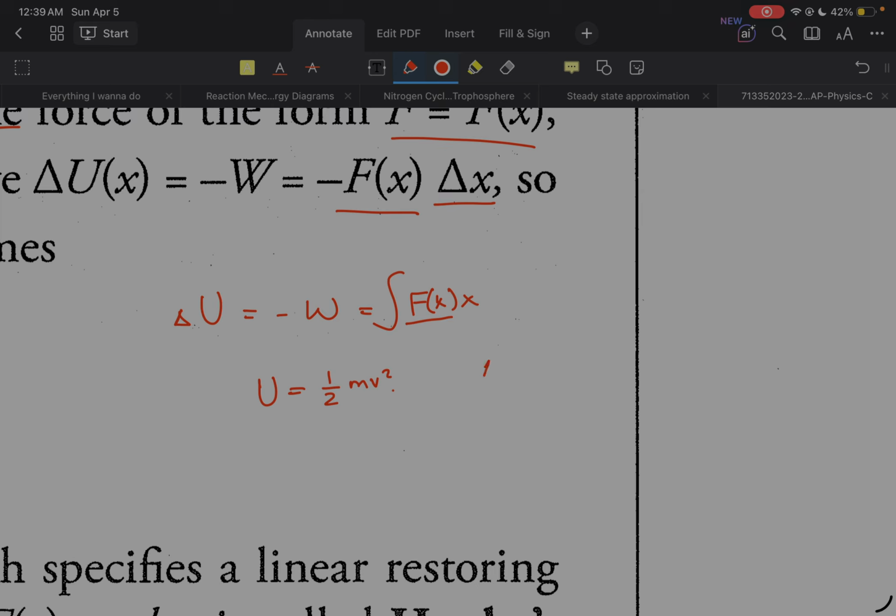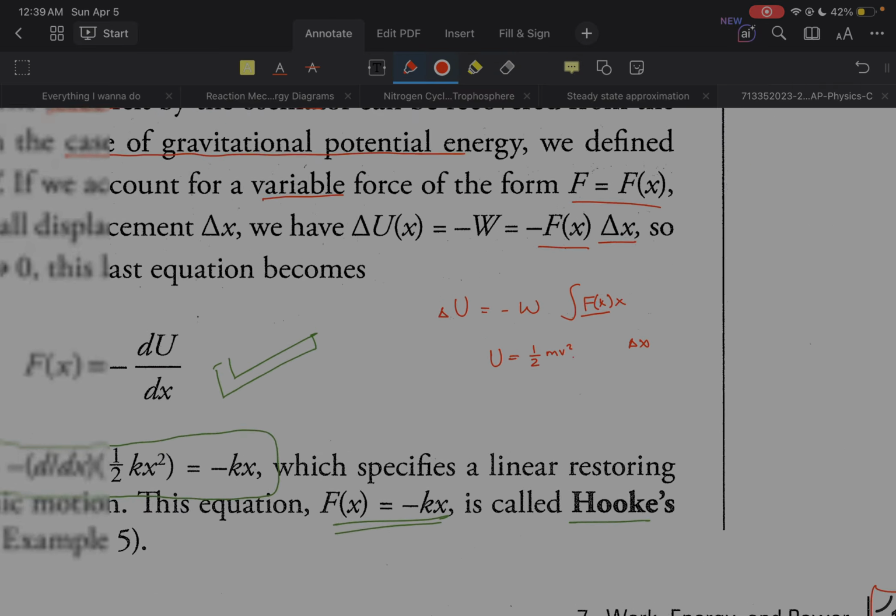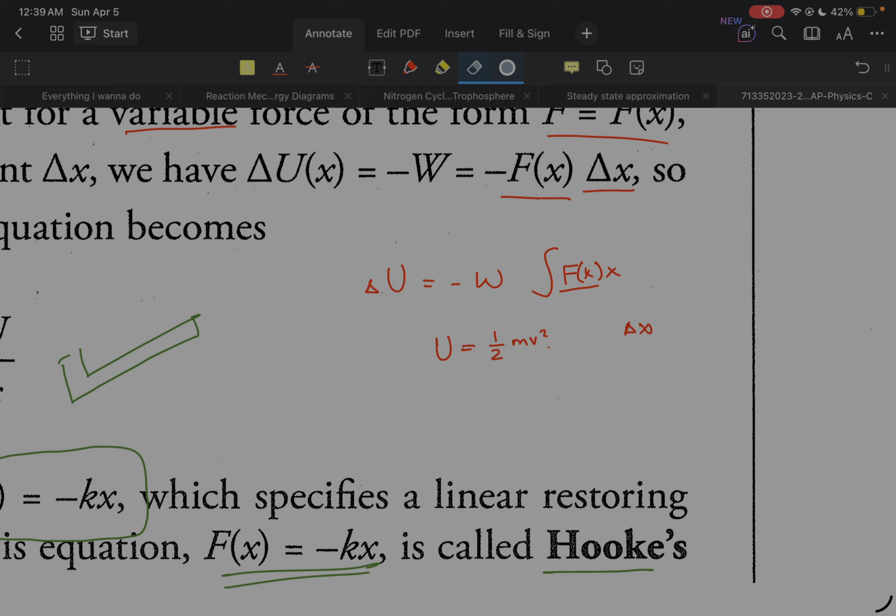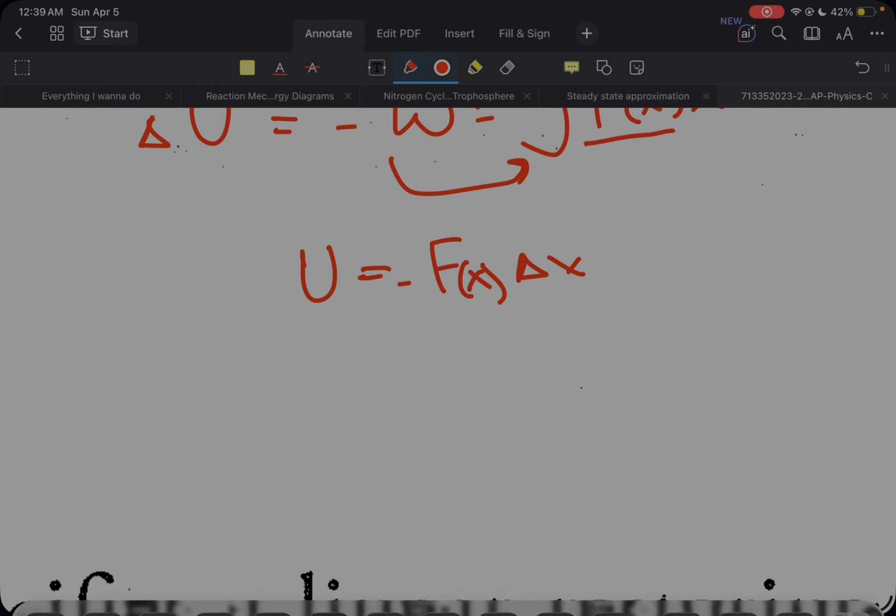So it's just going to be a negative change of x, because it's equal to work. That makes sense.